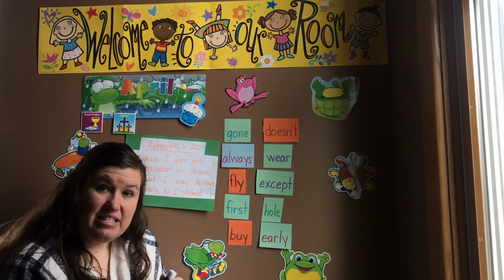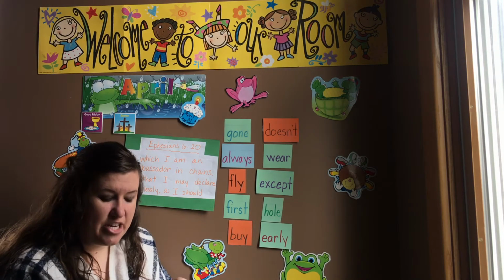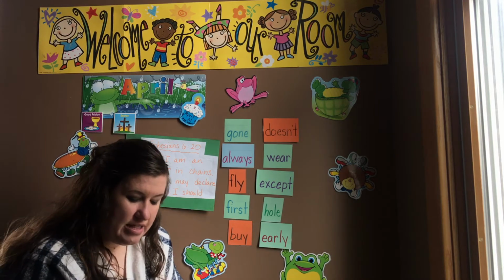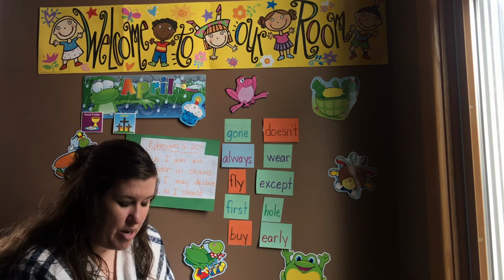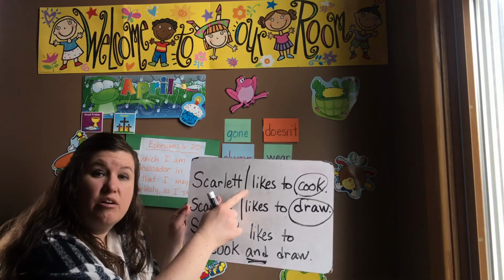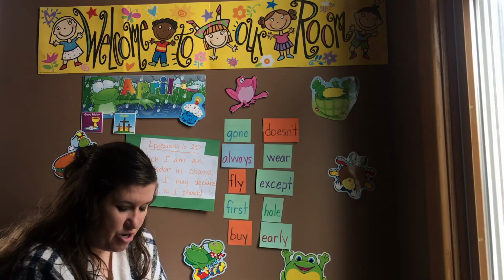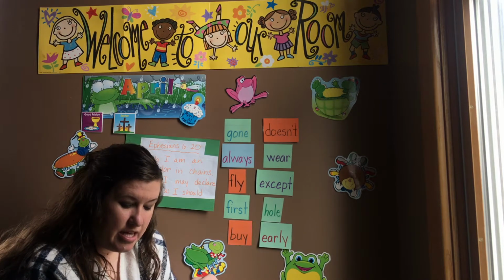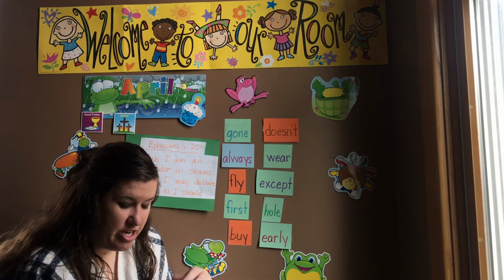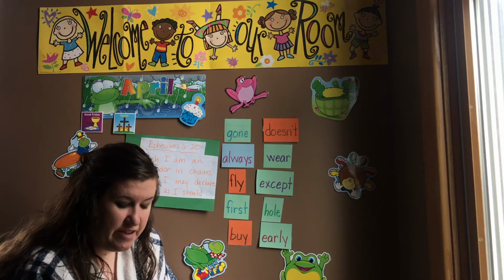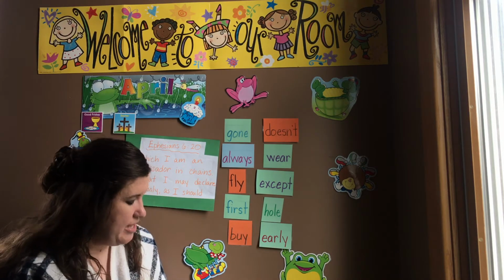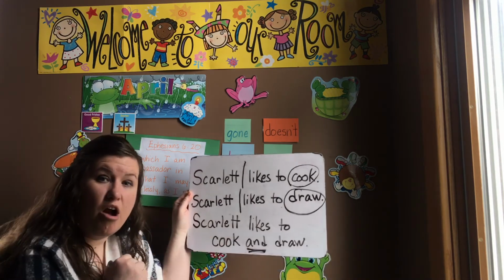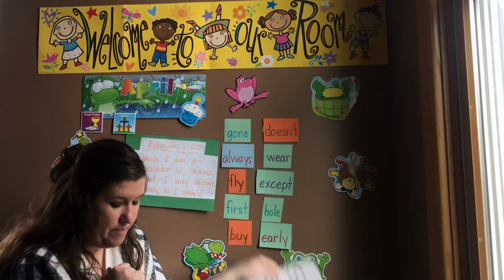All right, so let's look at our paper on the first direction diamond. Draw a line between the subject part and predicate part, like we did here, right in front of your action word or your verb. And then the second direction is circle the words that are different that could be joined with and. Cook and draw were our different words, so we circled them.